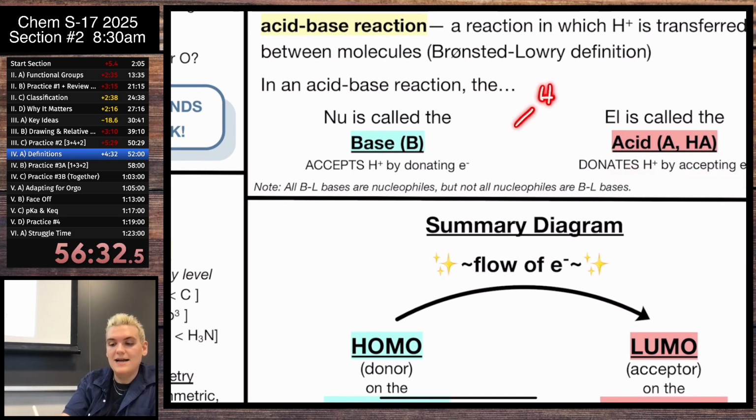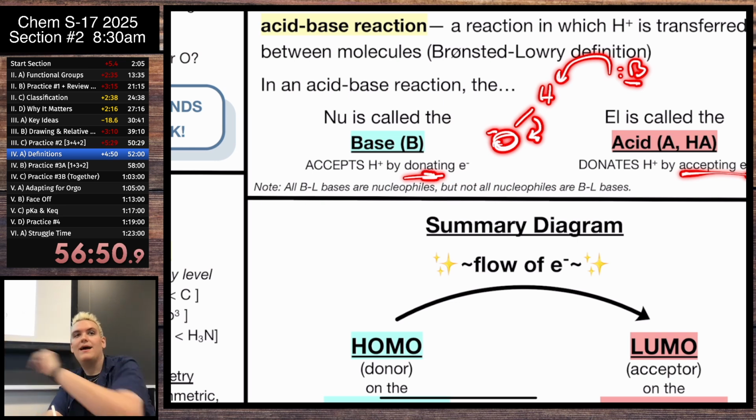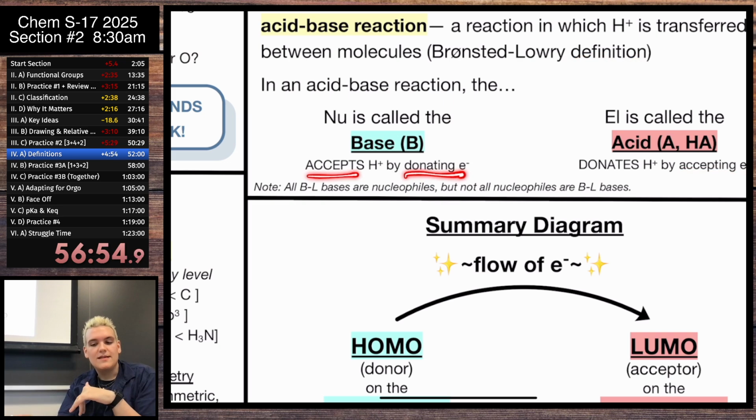If we have a hydrogen on OH, and a base comes along and grabs it, it has to take the electrons that were in that OH bond and put them on the oxygen. So the oxygen is an acceptor of electrons, whereas the base is the donor of electrons. It's going and grabbing the hydrogen. So it's kind of flipped: accepts hydrogens, donates electrons. Just something to keep straight.